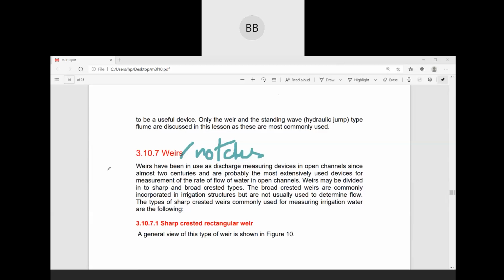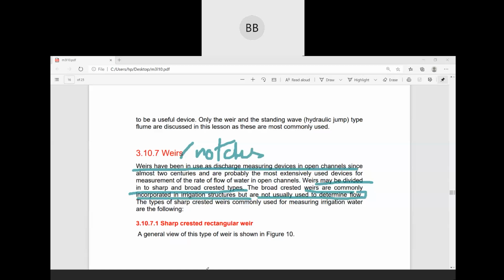So this is nothing but what we use to measure discharge in open channels. Weirs are mainly divided into sharp crested and broad crested weirs. Weirs are commonly incorporated in irrigation structures, and they are not used only to determine the flow.